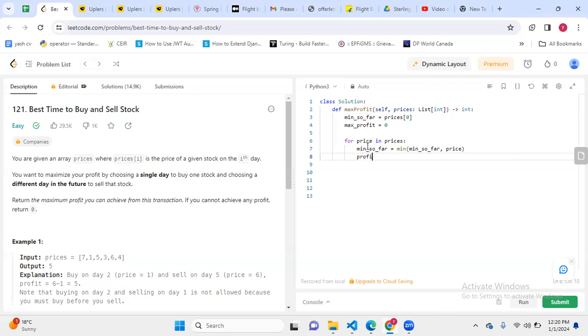Now we need to calculate the profit, which is price minus min so far. Now for max profit, we can update it if the profit is greater. In this way, we just return the max profit, and let's see if this code works or not.